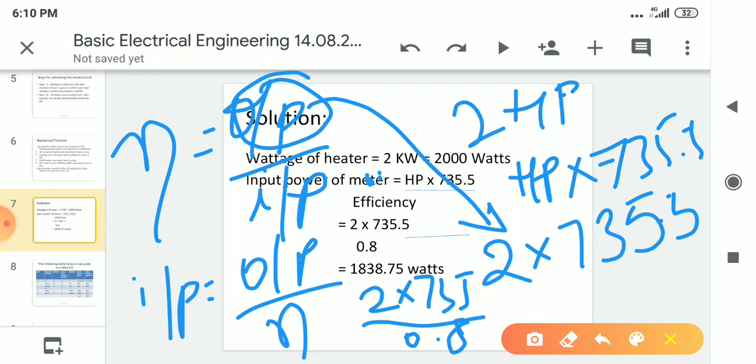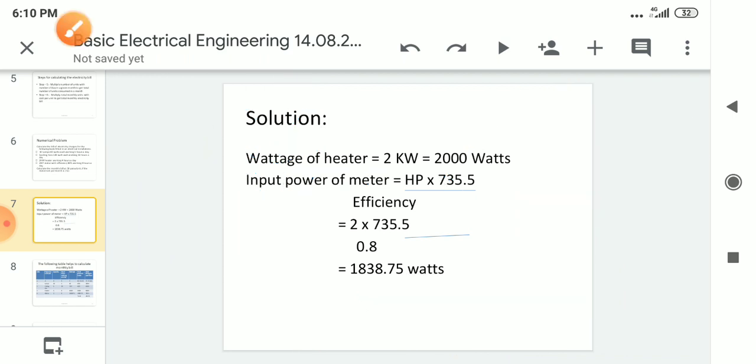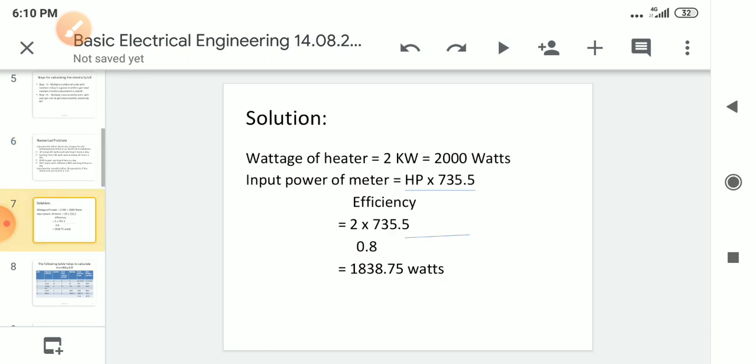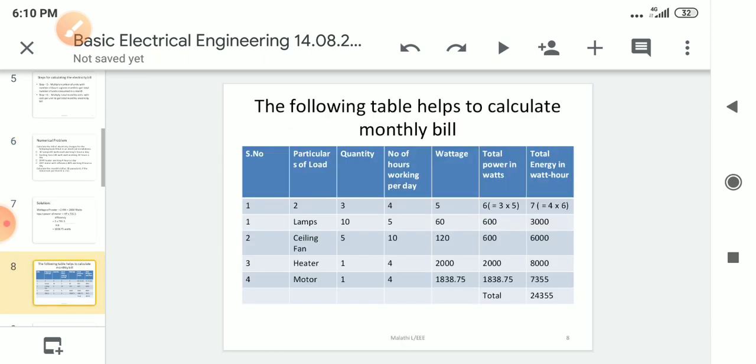In this question they have not given the load as so and so watts. It is a 2 HP motor with efficiency 80%, like that they have given. They have not given its watts. So we calculate its watts by simply multiplying HP into 735.5 for converting the horsepower into watts, that's it. So here 1838 is the wattage.